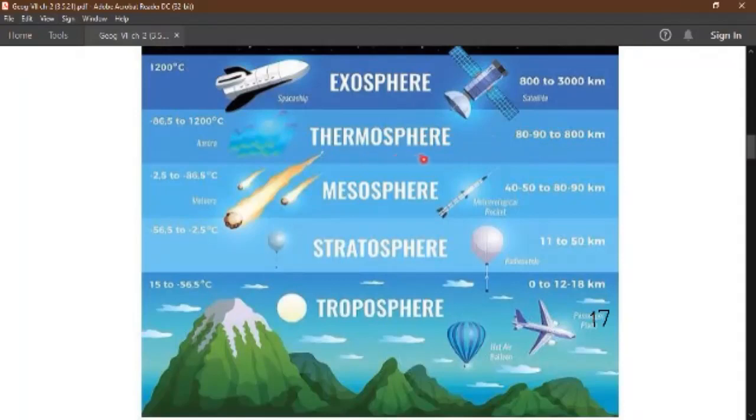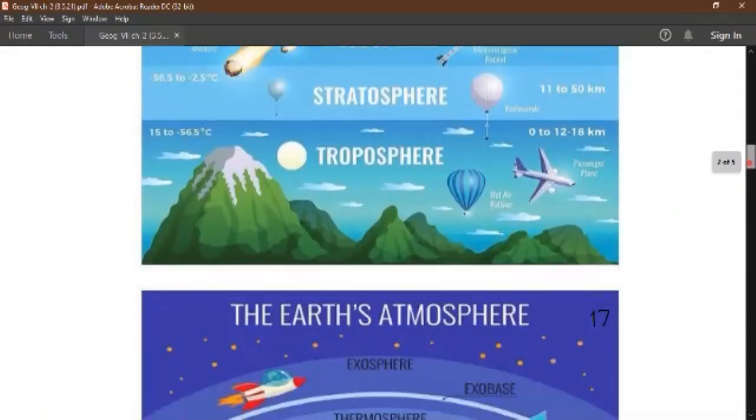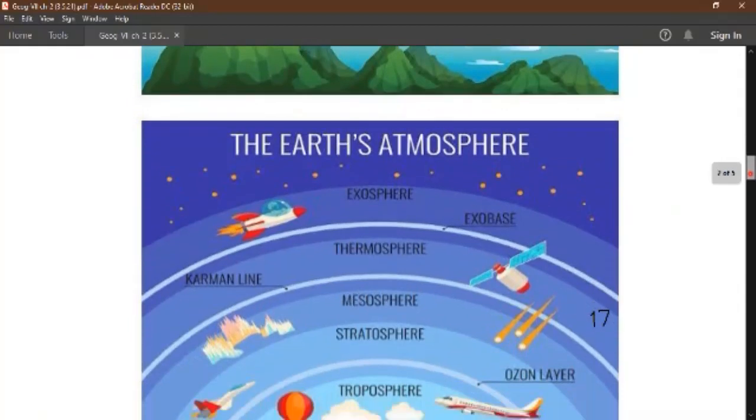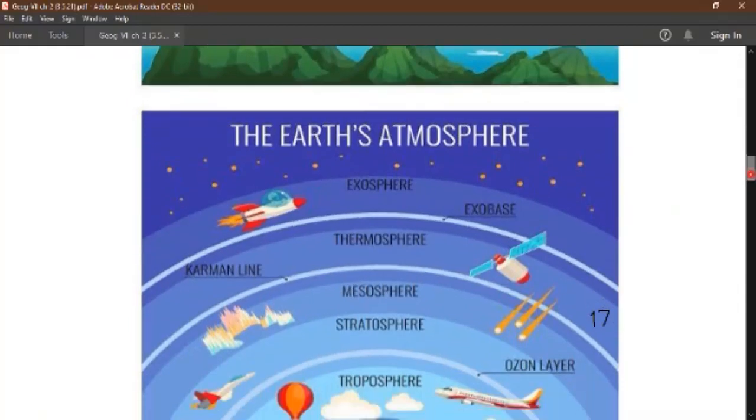Ionosphere contains electrically charged particles called ions, which create a sheet-like display of light known as aurora borealis. Ions reflect radio waves back to the Earth's surface. This enables us to have wireless communication in the thermosphere.